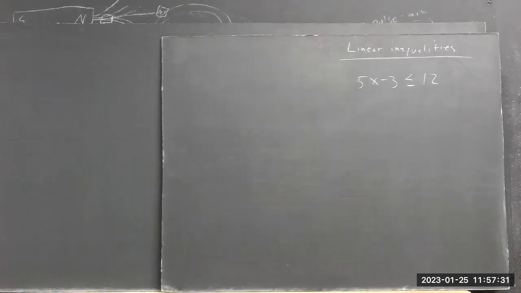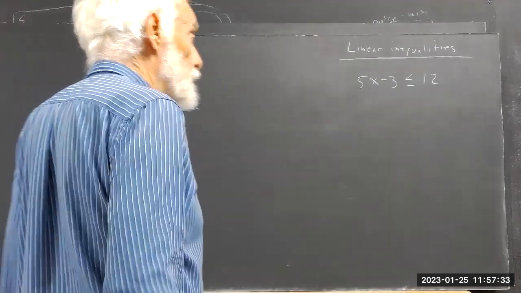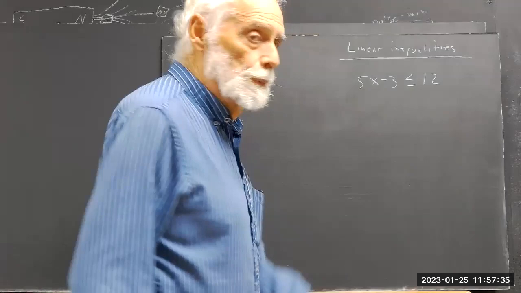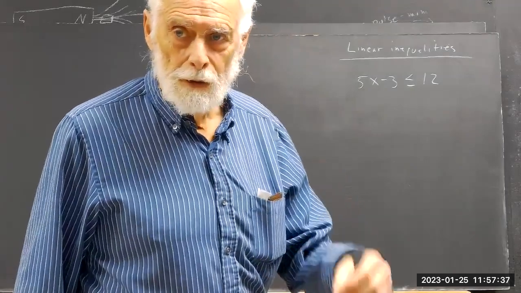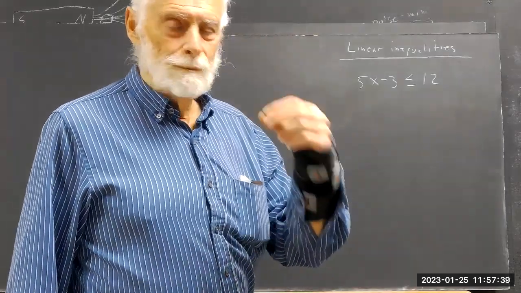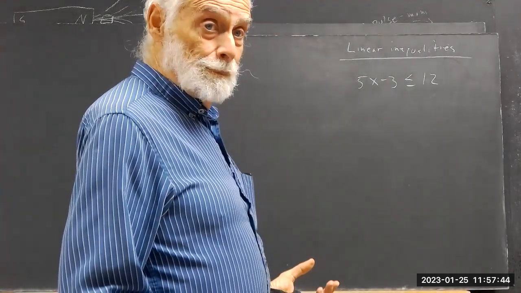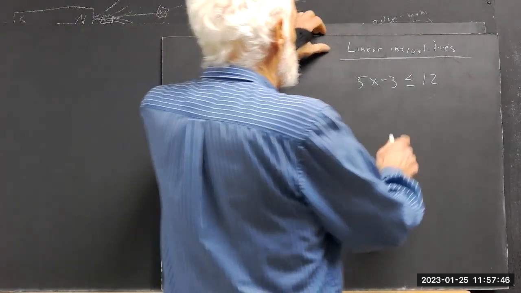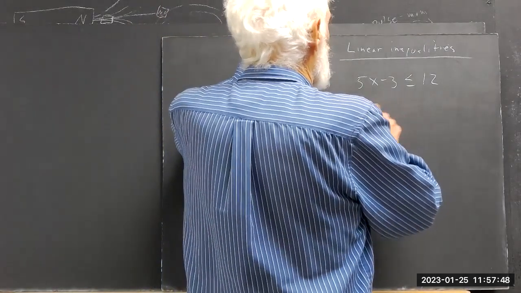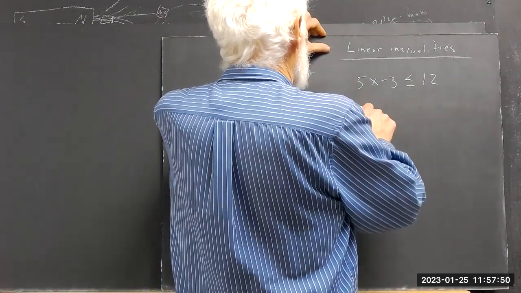All right, so we got 5x minus 3 less than or equal to 12. We can treat the inequality just like an equation with one exception. We can do the same steps. So we could add 3 to both sides.